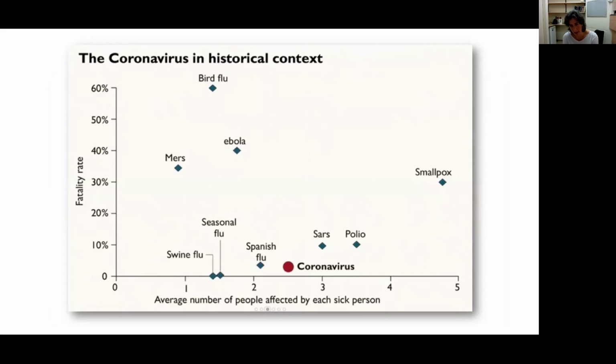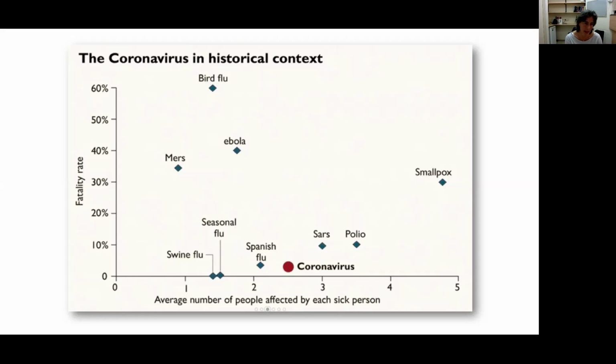And this is a table that shows both of the parameters I mentioned before, because it's important to look at both of them. If you infect a lot of people and the virus is not fatal, then you're still in good shape. So you've got to look at these two parameters. And as you can see here, on the x-axis, you have the R0 number, the average number of people affected by each sick person.